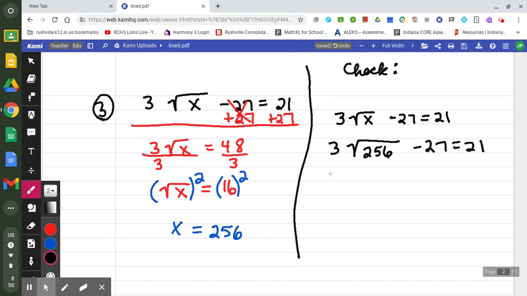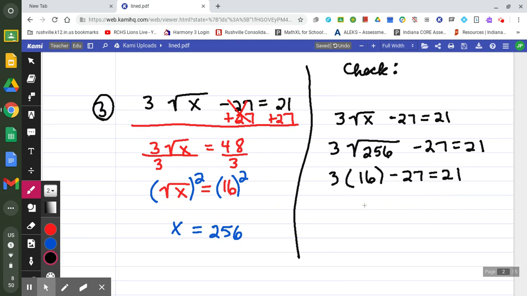So the square root of 256 is 16, so it's no longer in the radical, but I am multiplying it times that 3. And then copying the rest of the problem.